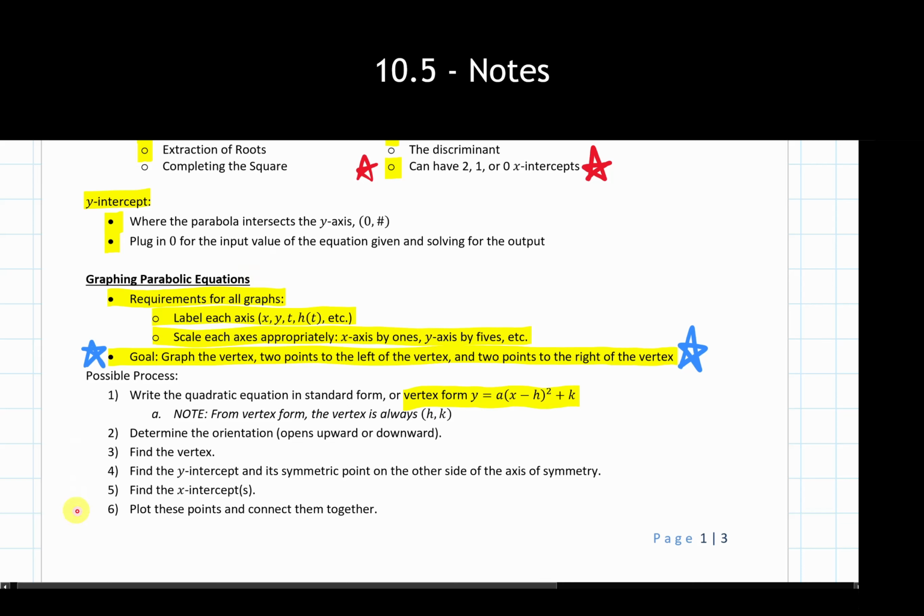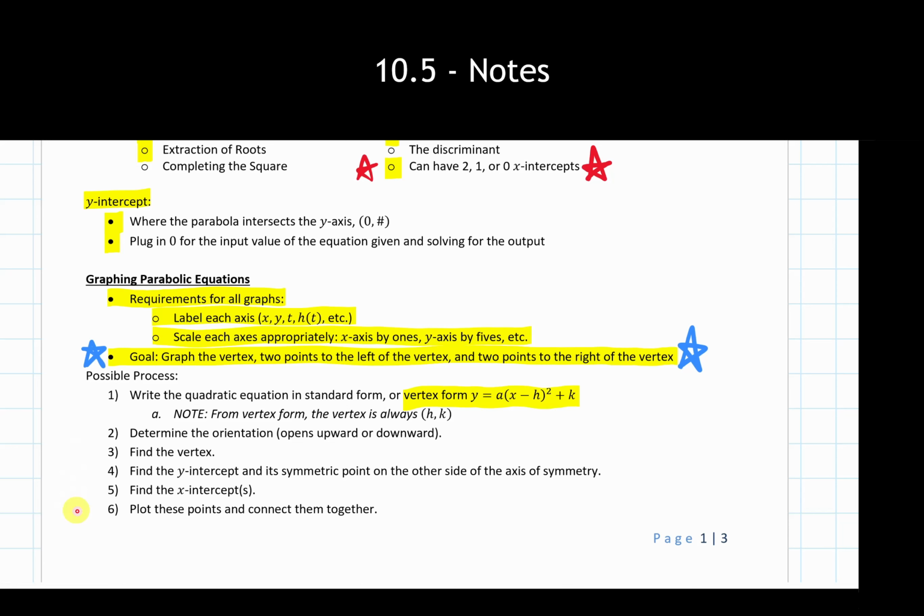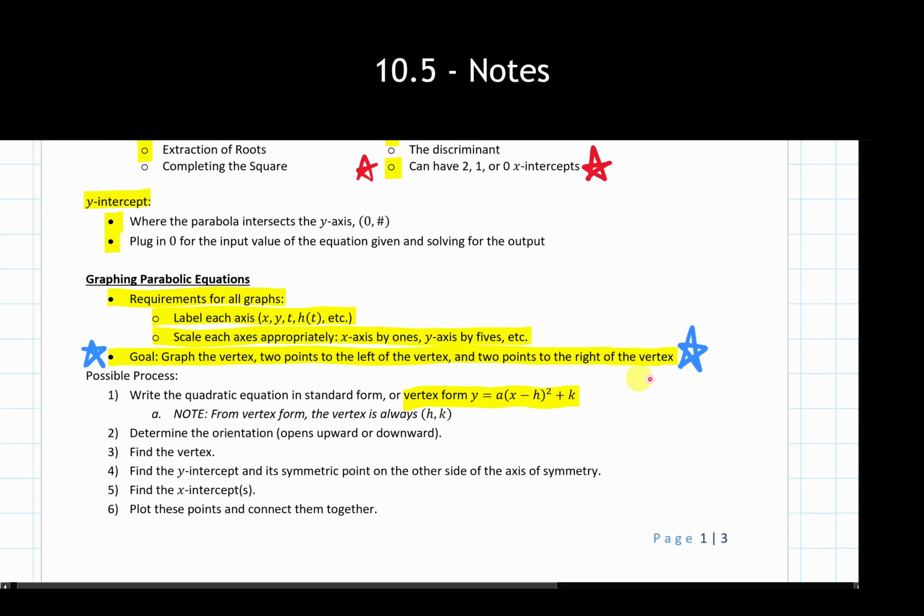You look up anything online, you could probably find a lot of different tips and tricks that people might have with it. But at the end of the day, it really does come down to this one line that we have right here. Get the vertex and determine 2 points to the left and then 2 points to the right of it. Plot those points and connect them together to get something about like that or about like that there.